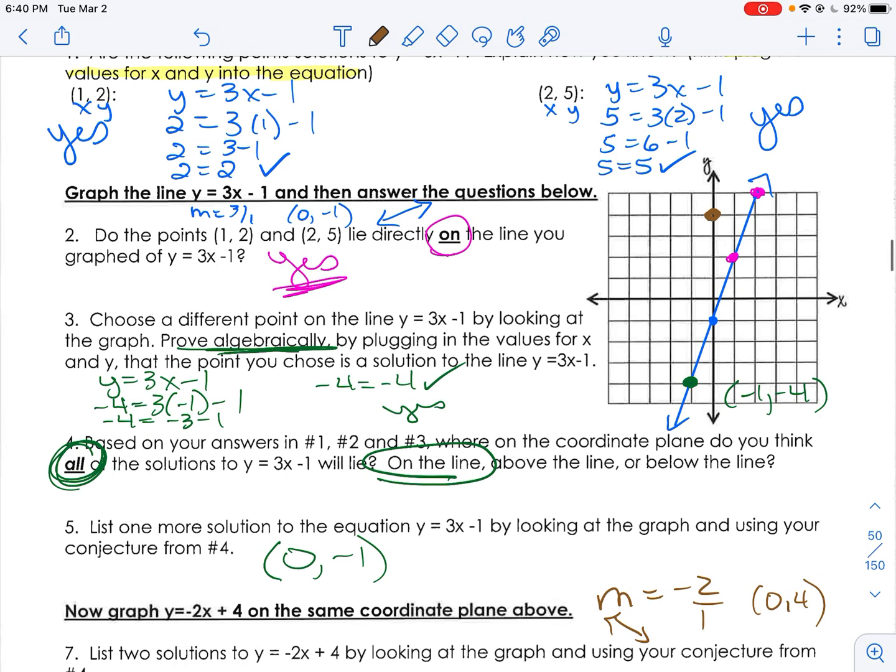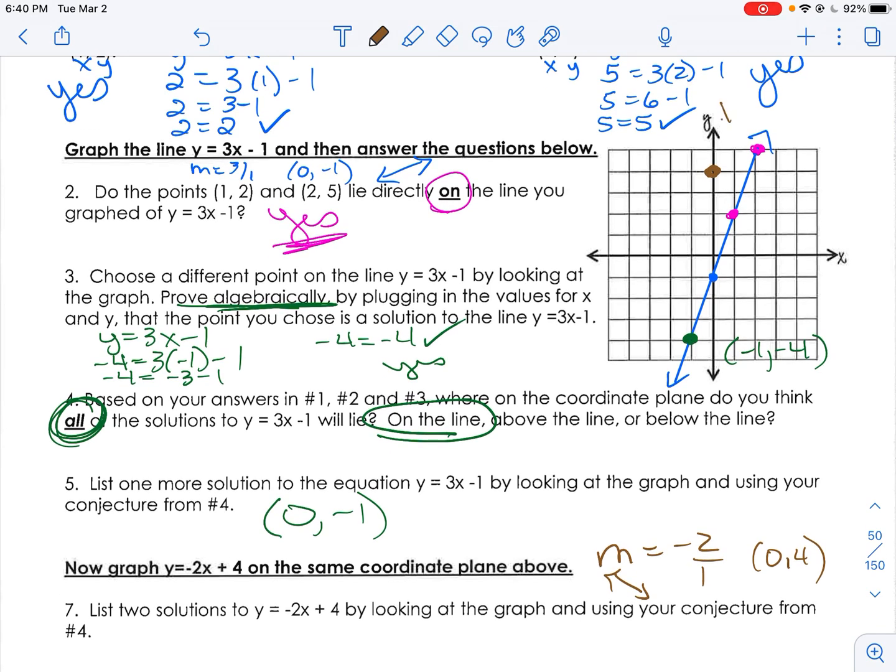Again, it's a negative slope, boys and girls, so that means it's going to go downwards. So I'm going to go down 2, 1, 2 over 1. Down 2 over 1. Down 2 over 1.